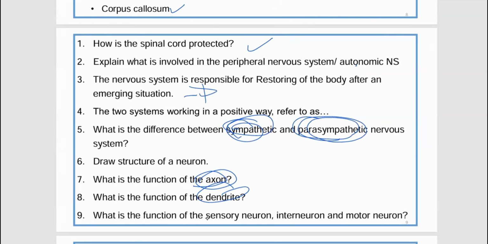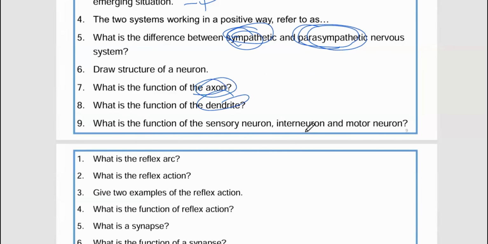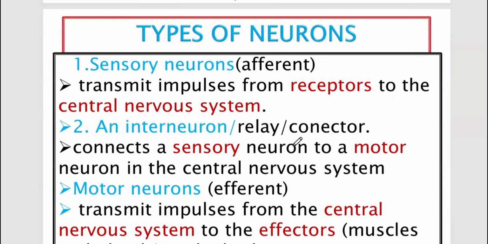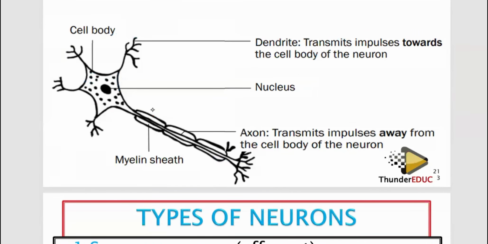And what is the function of the sensory neuron, interneuron, and these ones you have to know when it comes to the reflex arc. So, if this is the neuron, this is what you're talking about. This is the dendrite, brings the impulse to the cell body. This is the cell body. Axon transmits the impulse away from the cell body. They know how to do this.